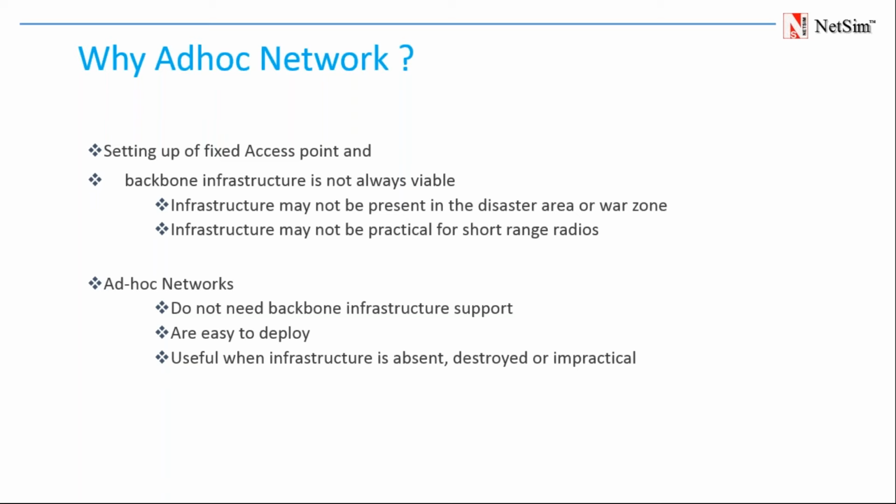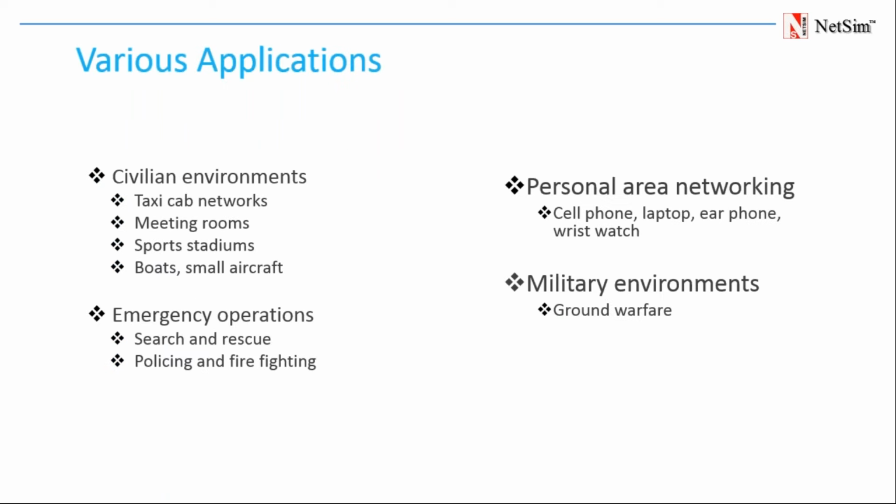Now, why ad hoc network? As we know, in an infrastructure network, we require a number of devices to communicate in a certain range, which is not possible in those areas where wireless communication is highly required, like disaster area, war zone, forest areas, etc. So then we prefer ad hoc networks where we do not need backbone infrastructure support and we communicate with wireless devices having a set of protocols like DSR, AODV, etc., as it is easily deployable and useful in such areas where infrastructure is not available.